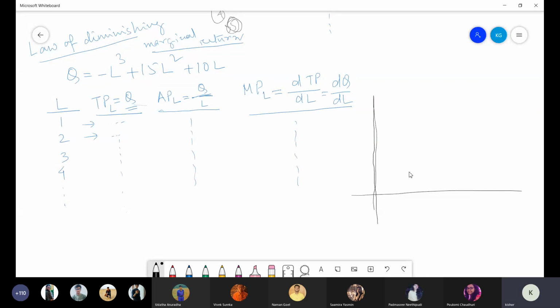then what will happen? This side will be labor. You are using labor. Now these values you are plotting on graph paper, suppose labor on the x-axis and total product with respect to labor on the y-axis.